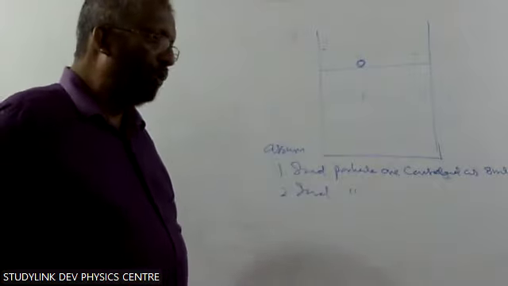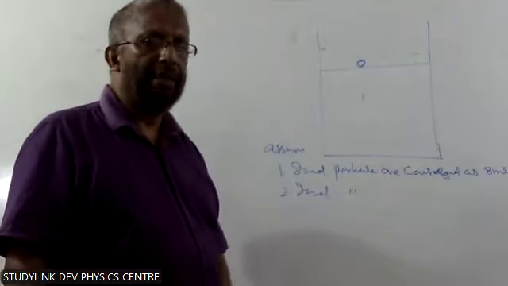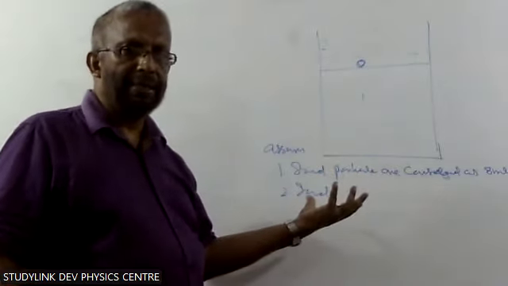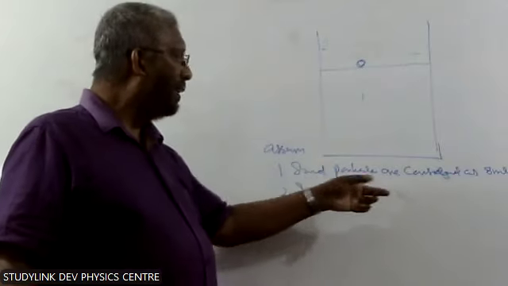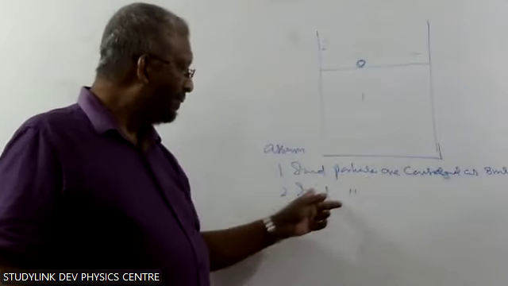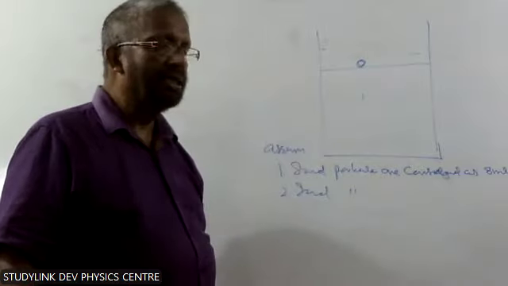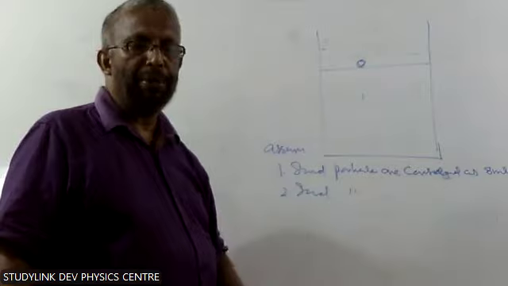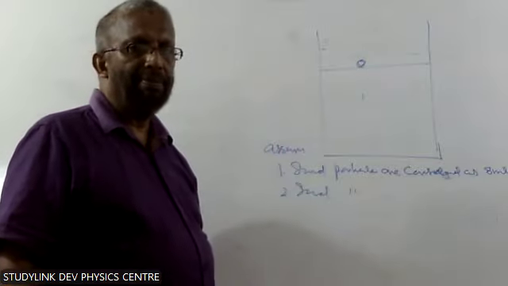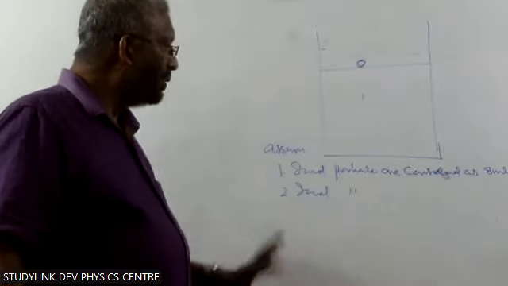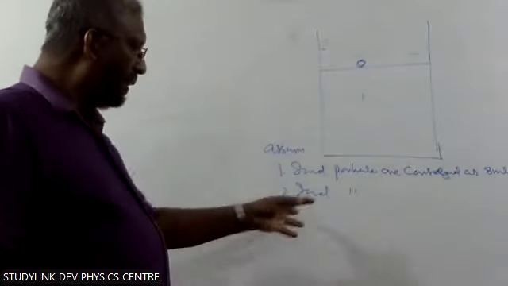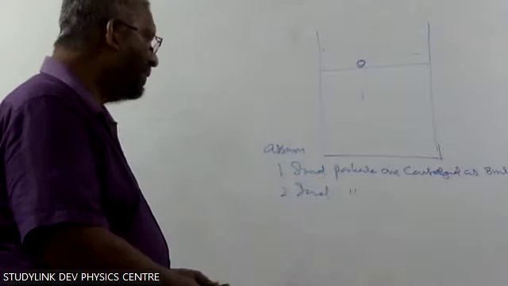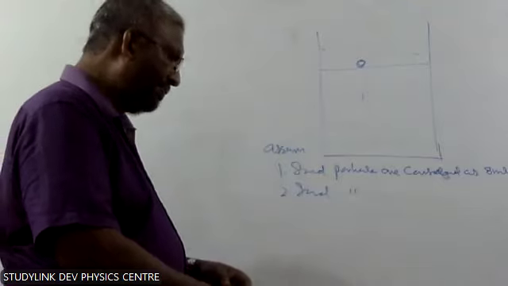These two are to be considered always. But if the question says those are spheres, don't write this one, then you write only this assumption. Understood? Even for the grains, these two can be written.